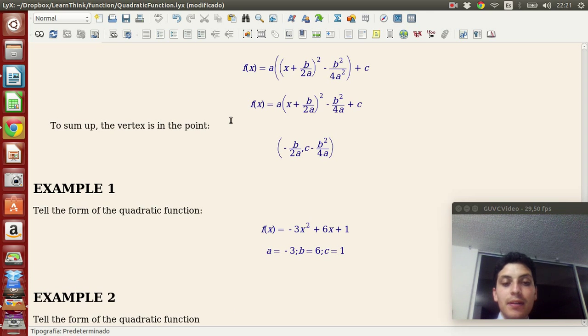Now, as a is negative, the function opens down.